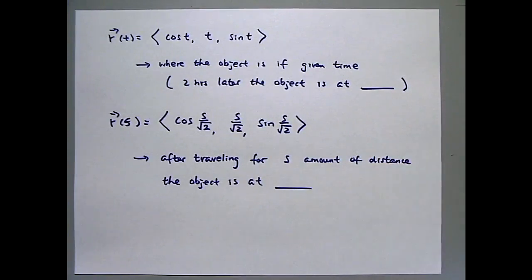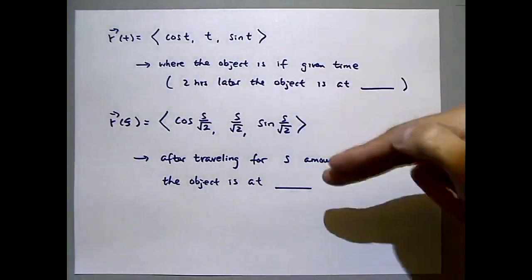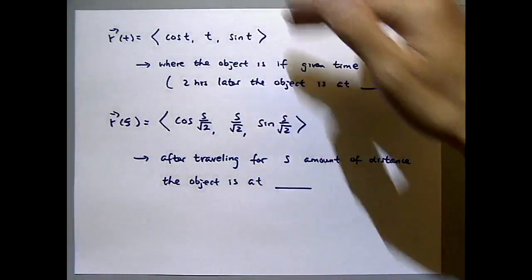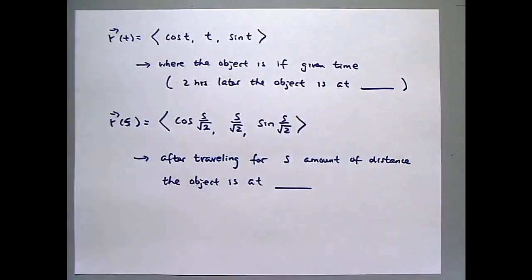No, it would take me a little bit longer. For you, maybe halfway around, maybe more, but I would be somewhere. You see the difference here? One is that you tell me time, I tell you where I am. One is you tell me after I've moved this much, where I am. Both of these will tell me the same thing, but in order to pinpoint where I am, I need two different kinds of information. And they are related, as we have seen earlier.